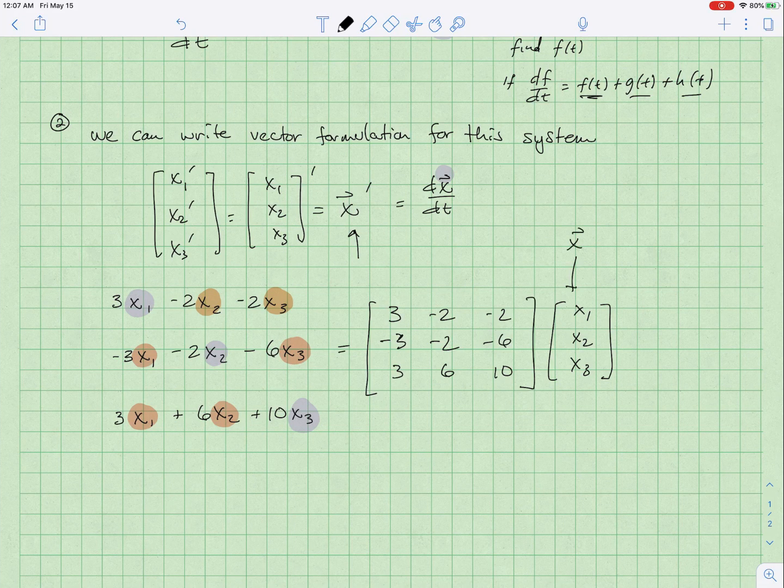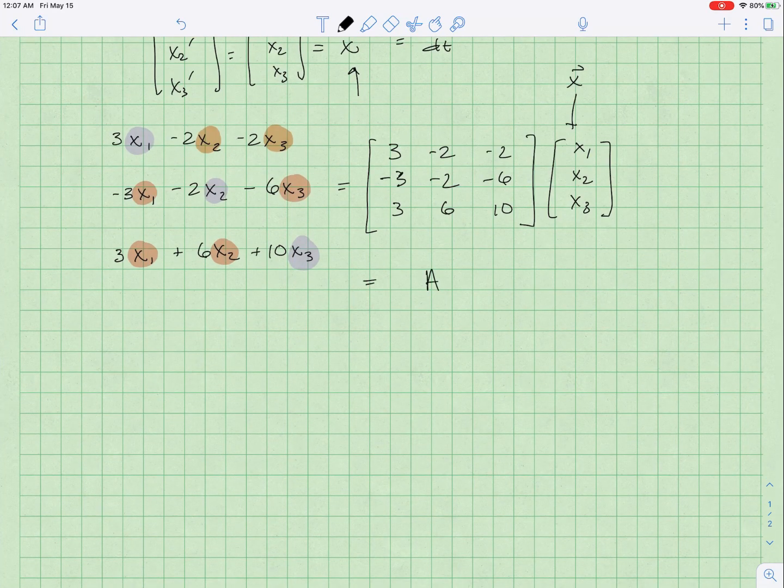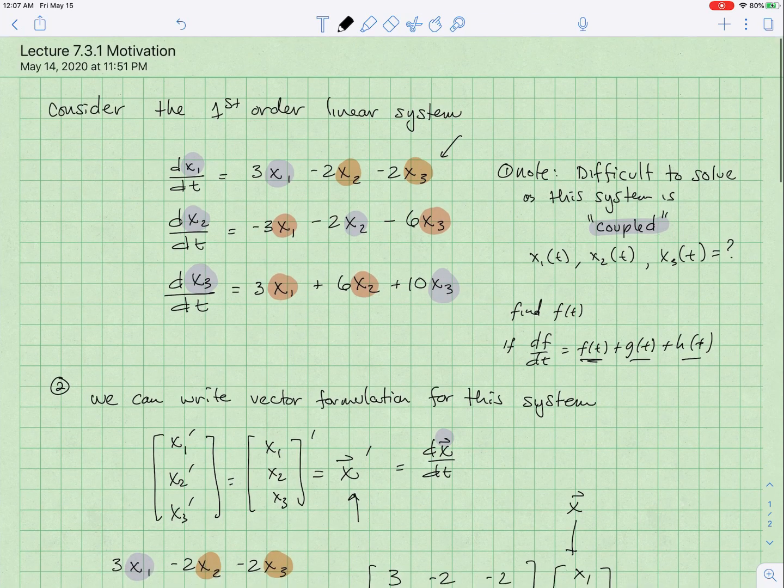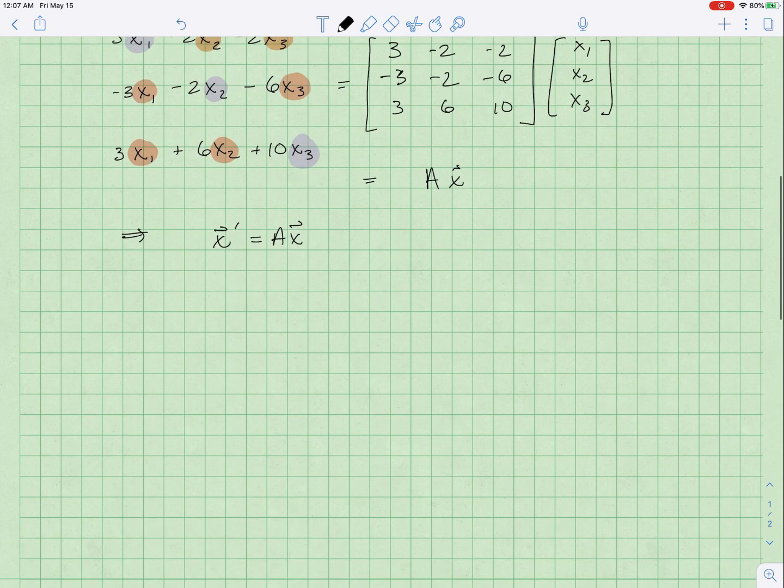Over here it's just the vector x. And I can express the right side as the coefficient matrix times that same vector. And so I can express this as x prime is equal to Ax. While up here the entire system was coupled together, I can think of this as a macro single linear differential equation where I have x prime is equal to Ax, and although I have multiple functions, I'm really talking about a single vector function now, and we're looking for the solution. So we've now expressed this differential equation system using matrices, and we can sort of solve it in a macro sense.